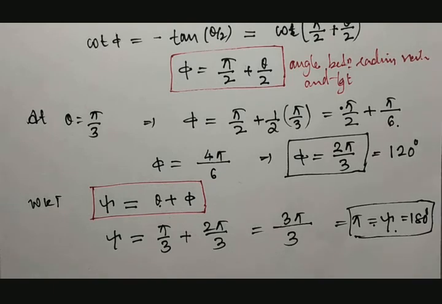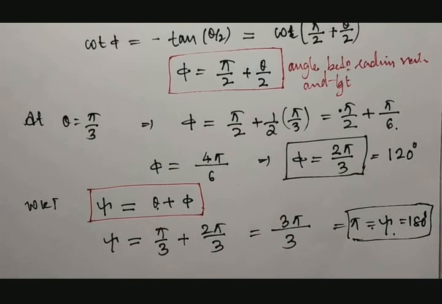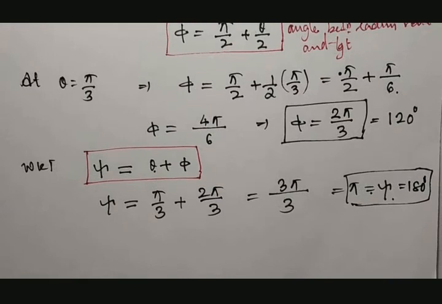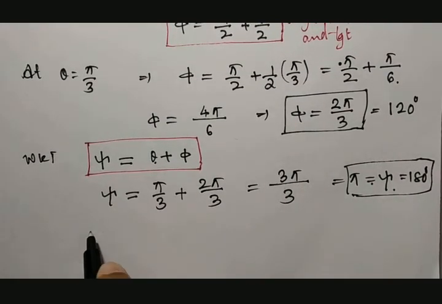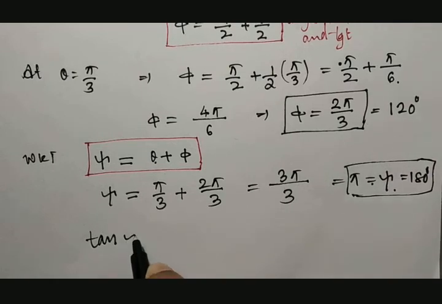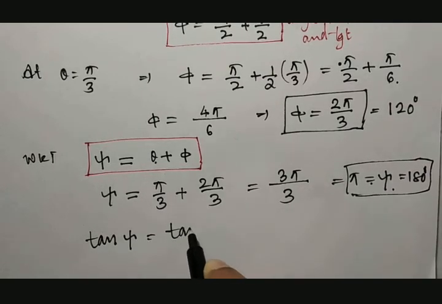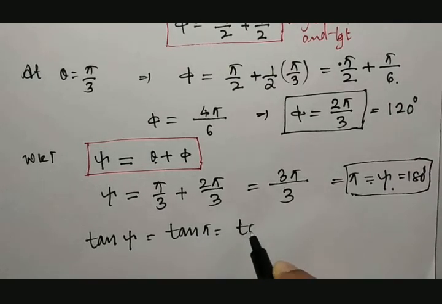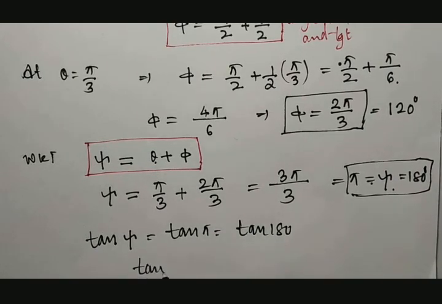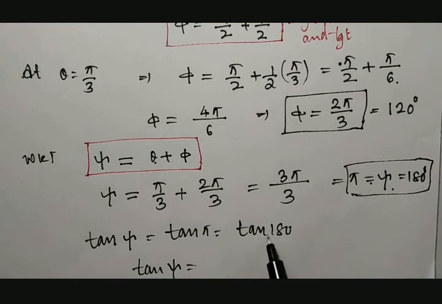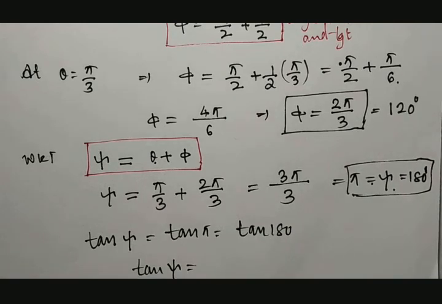But we need to obtain the slope of the tangent. What is the slope of the tangent? Slope of the tangent is nothing but tan psi. So apply tan on both sides. Then tan psi is nothing but tan pi, which is nothing but tan of 180 degree. Tan 180 degree is equal to 0.